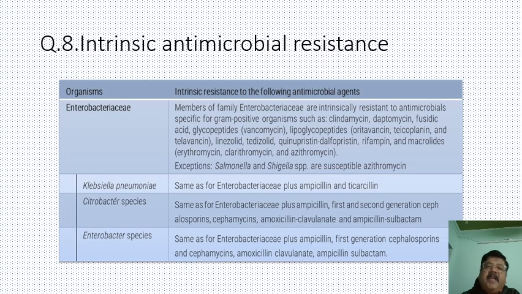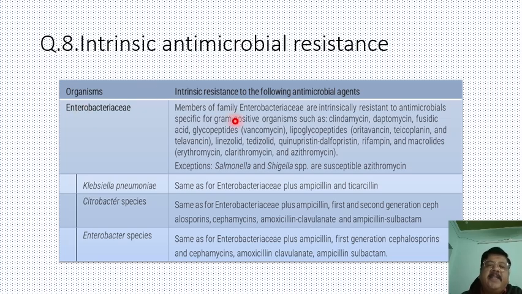Now come to the intrinsic antimicrobial resistance. Intrinsic resistance means the resistance is because of the intrinsic metabolic pathways of the organism. It's not acquired later, it's intrinsically present.